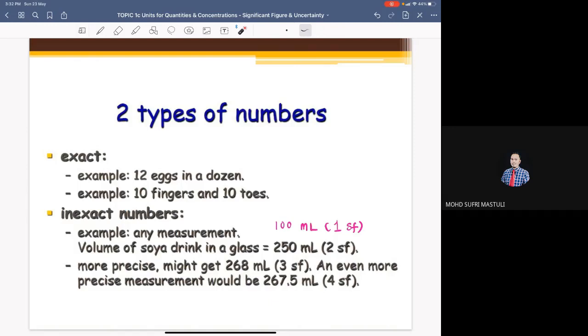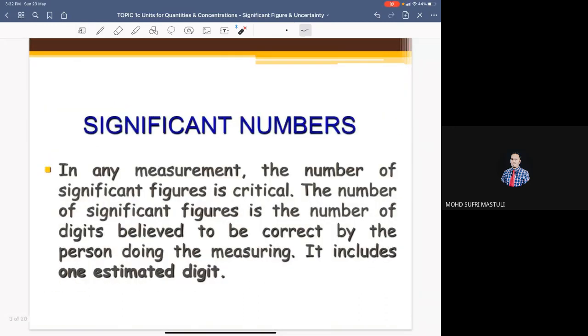So in this case, if it involves scientific measurements, we will include the significant figures. So what are significant figures or significant numbers? In any measurement, the number of significant figures is very critical, meaning that it's very important. The number of significant figures is the number of digits believed to be correct by the person doing the measuring. It includes one estimated digit.